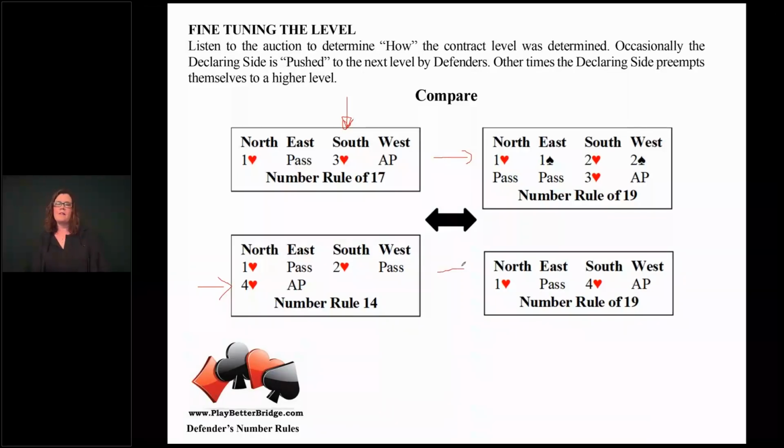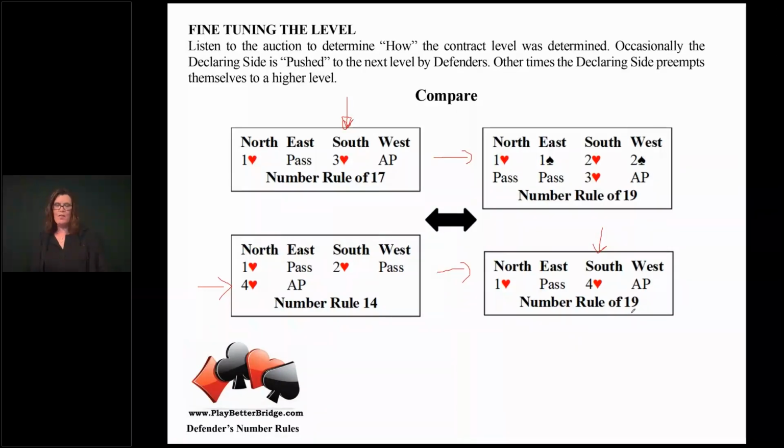Now, in comparison, on the bottom right, North opens 1 heart and South bids 4 hearts. Now, South's 4 heart bid is our weak freak bid, right? South has a weak hand with 5 or more trump. So they didn't freely bid to 4 hearts. No one showed extra values. So as defender, you're going to be subtracting from 19.